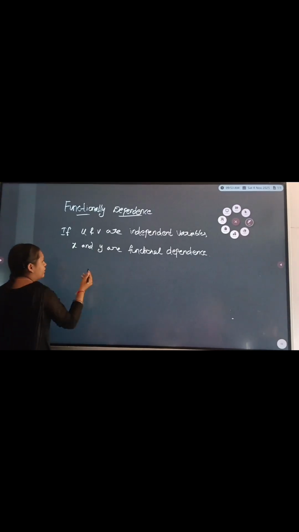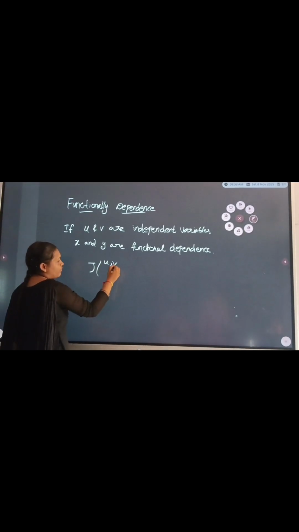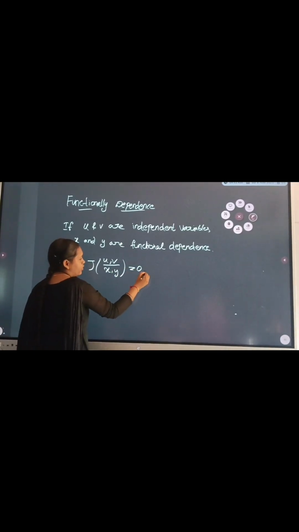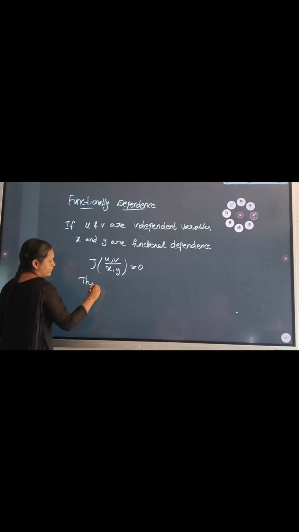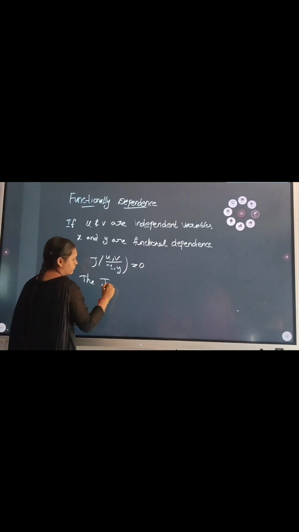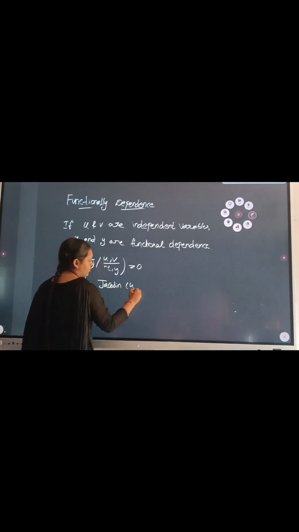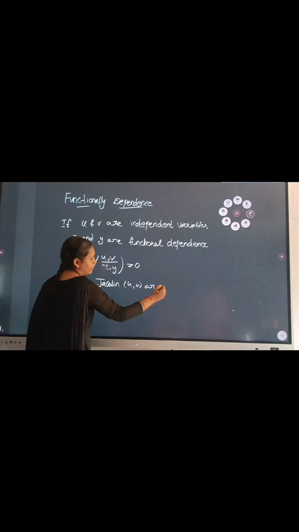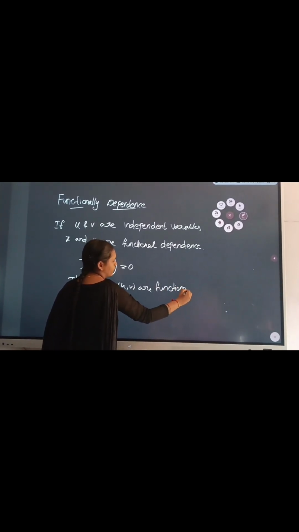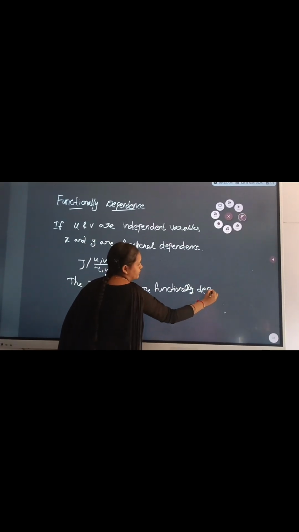So functional dependence means the Jacobian of u, v with respect to x, y is equal to 0. Then u and v are functionally dependent.